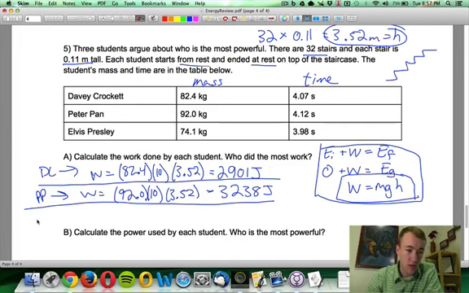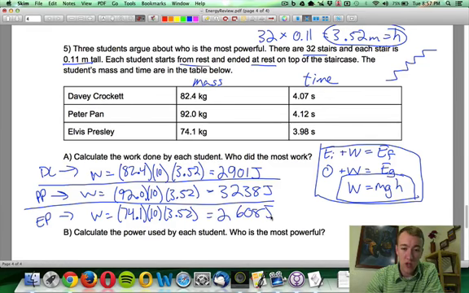And last up is Elvis Presley. His mass is 74.1 kilograms, gravity's 10, height is 3.52, and the work that he does is 2,608 joules. So which of these students did the most work? Peter Pan did the most work with 3,238 joules.